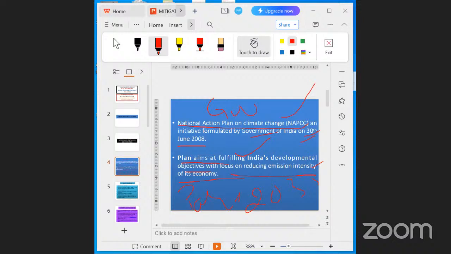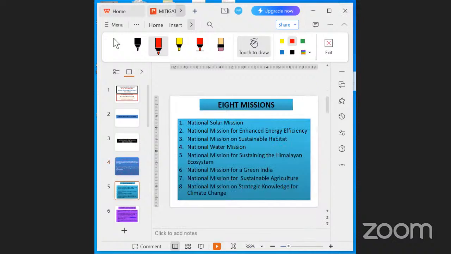So now what are the principles of this plan? First one, protecting the poor through inclusive and sustainable development strategies sensitive to climate change, and also achieving national growth and poverty alleviation objectives.